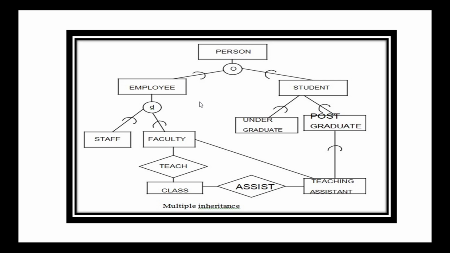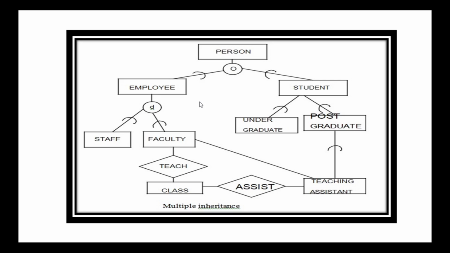Faculty has a relationship with the class. Faculty teaches classes. And coming to the postgraduate, some of the postgraduate students work as teaching assistant. That means it derives the properties from the direct superclass postgraduate and also the predecessor superclass faculty. It's an example of multiple inheritance.